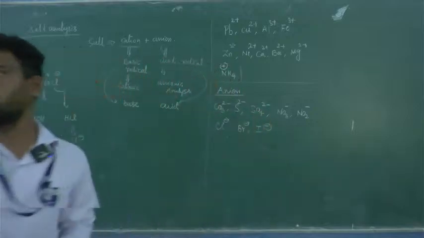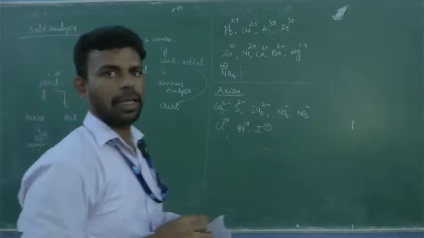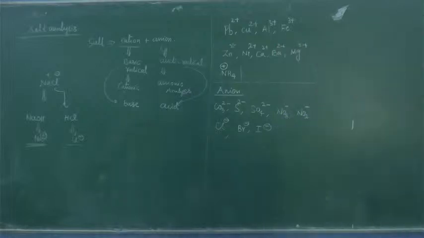So these are the anions we are going to focus on. We are not going to discuss all the cations and all the anions, only specific cations and specific anions. Is it clear? So please note this. This is our focus.